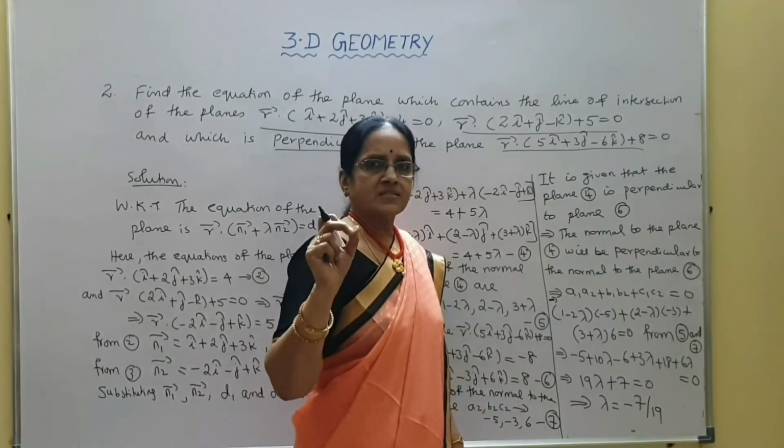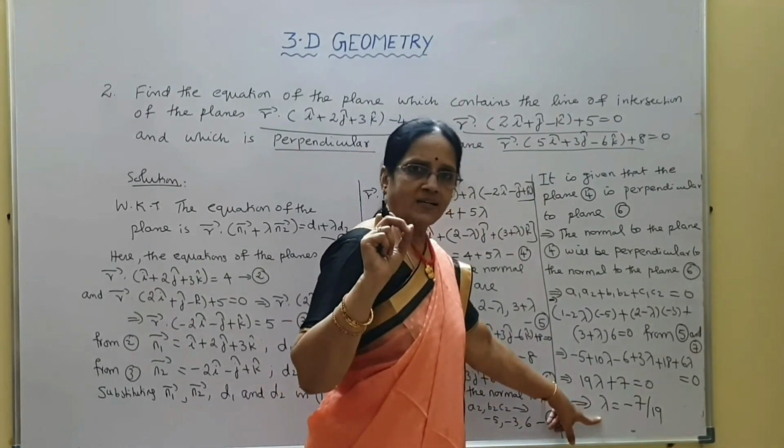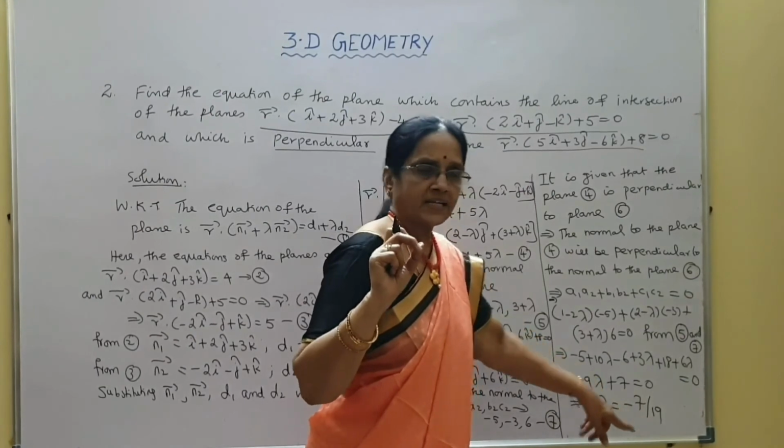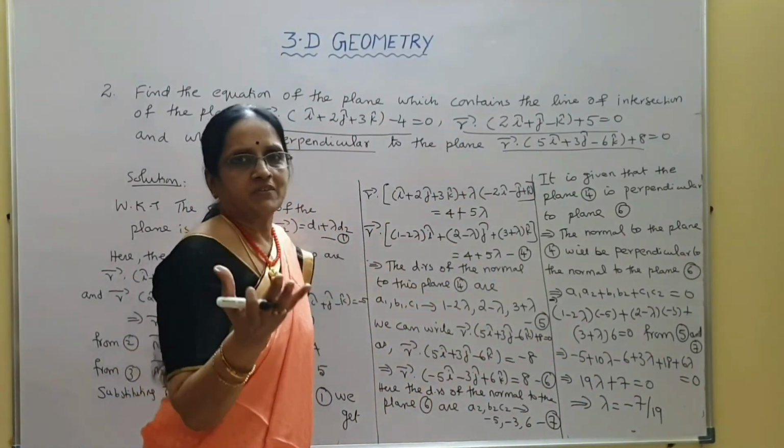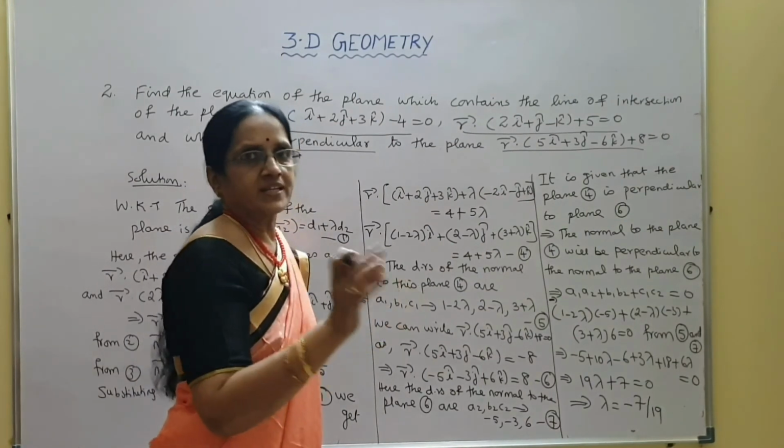Now, my aim is to substitute the value of lambda, that is minus 7 by 19, in 4. I will get the required equation of the plane. So, let us do it now.